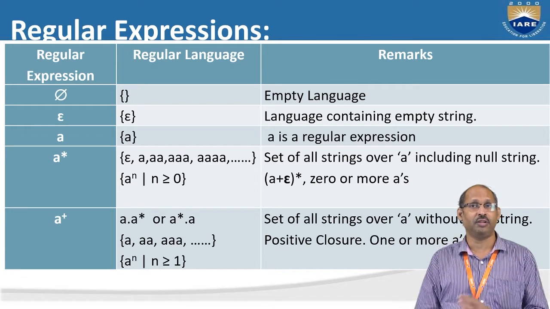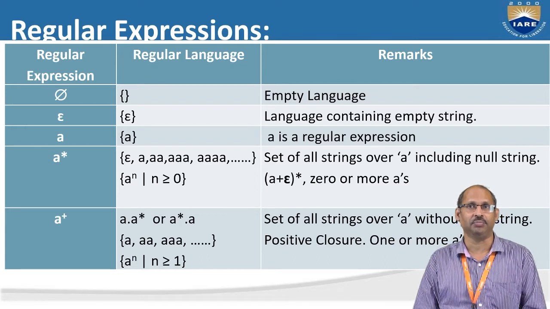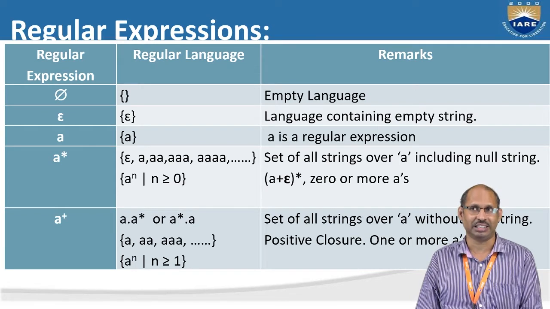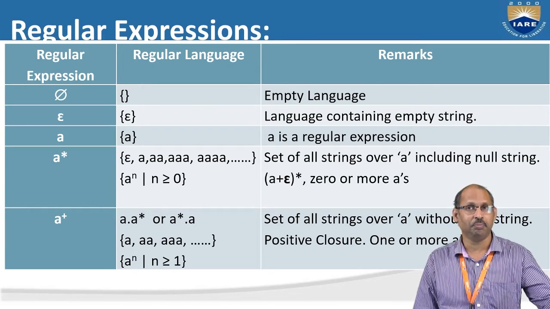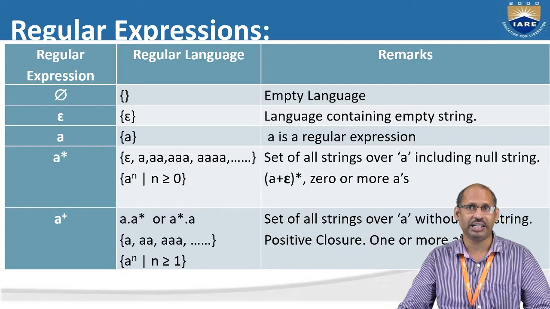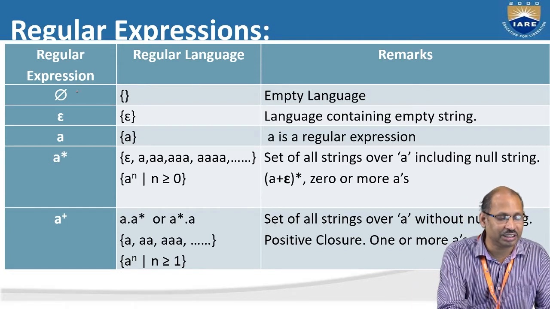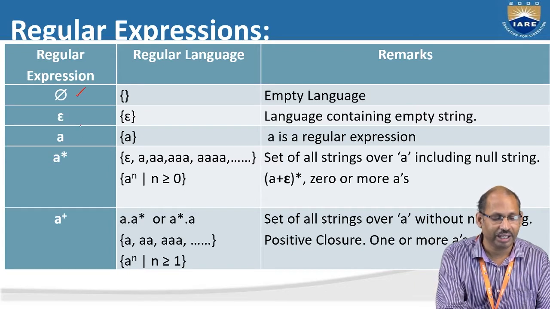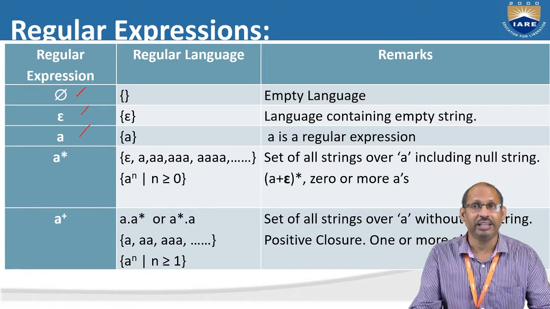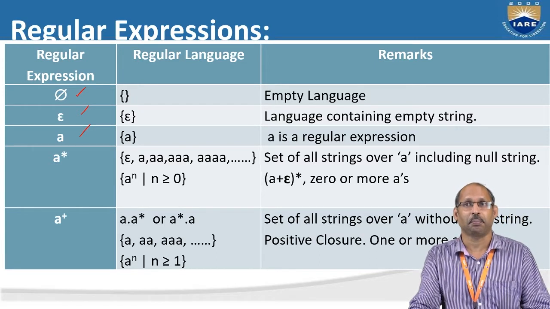So here we are giving a relation between a regular expression, regular language and its explanation. What are the main three? Empty set, empty string, then a language containing symbol A. So these three are phi, epsilon and A, the main basic primitive regular expressions.